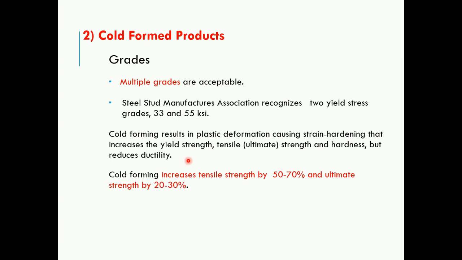However, it reduces the ductility of the members. Cold forming increases the strength by about 50 to 70%, but reduces ductility. That's why normally cold form products are used for lightweight structures only.